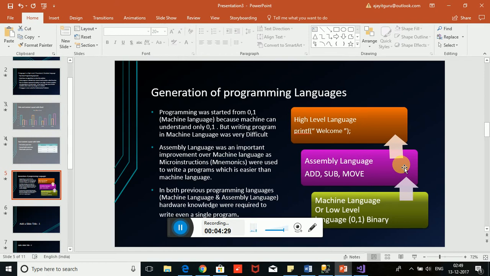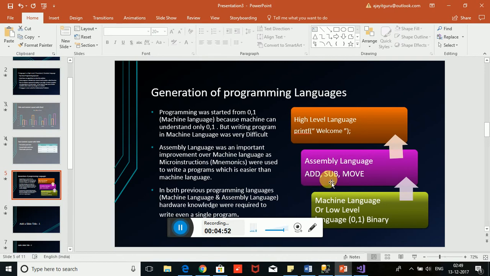So the third generation is known as the high level language, and here writing a program was a simpler task. As I have shown in the presentation, first we wrote code in terms of 0 and 1, and there was a slight improvement, and we were able to write programs in words like add, subtract, move.